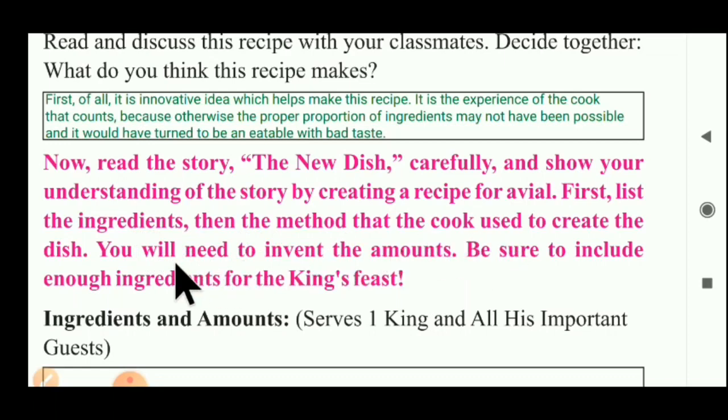You will need to invent the amounts, how much of each thing you require. You have to make a list. Be sure to include enough ingredients for the king's feast, not only for one, but for all the important guests. So for the king and the king's important guests you have to make avial.